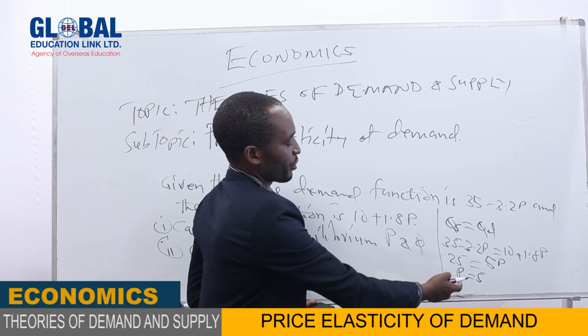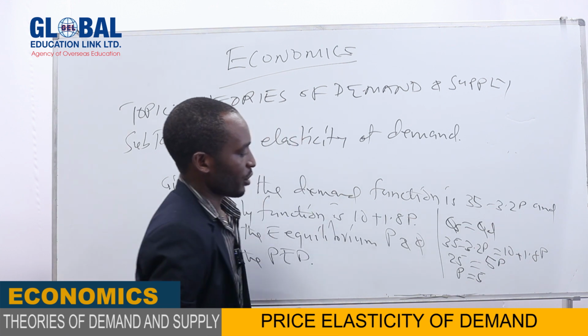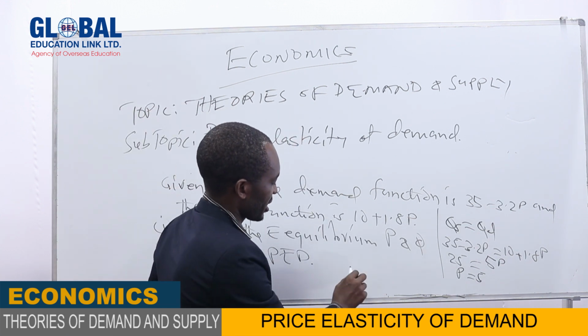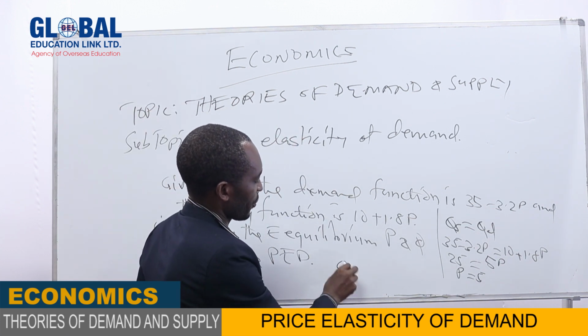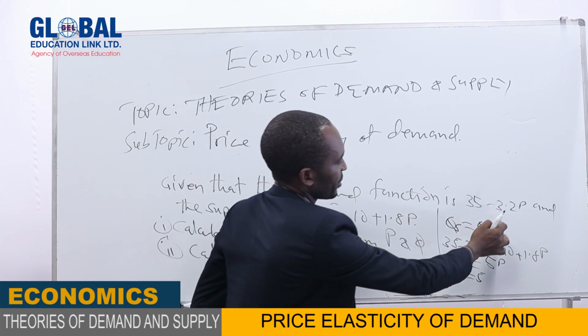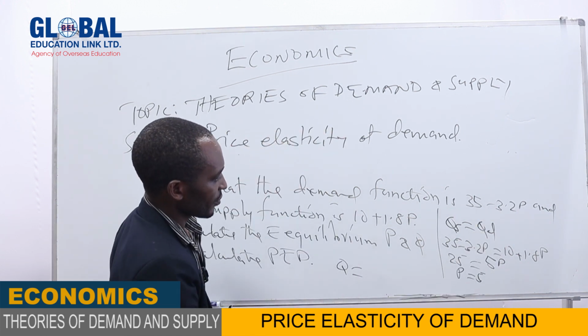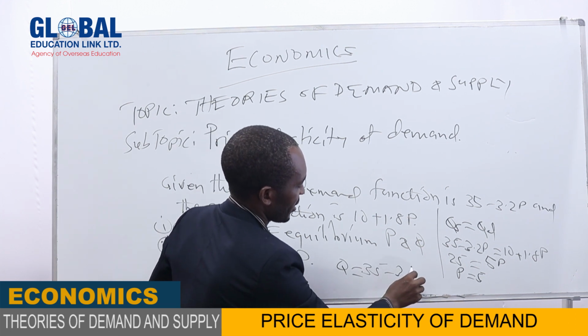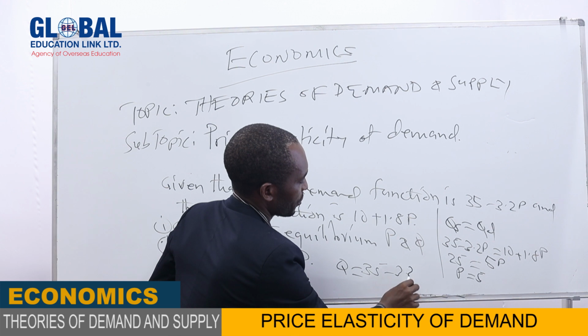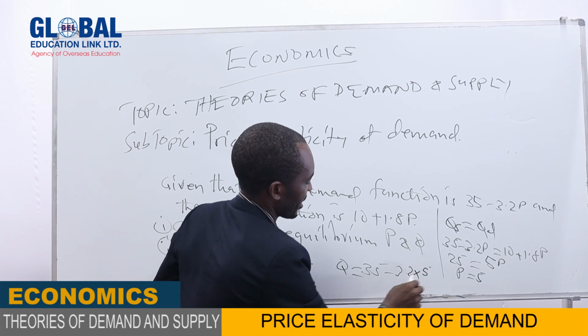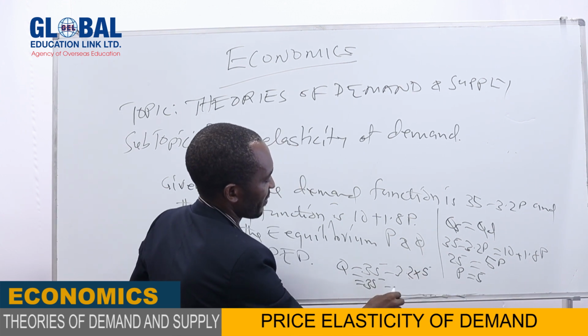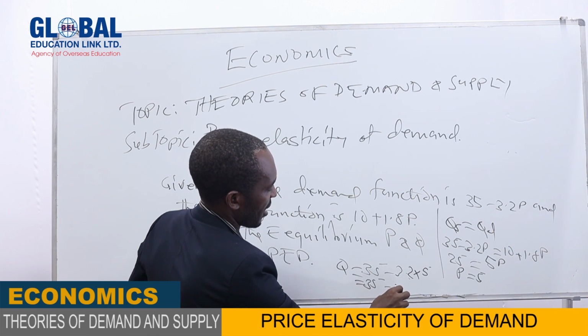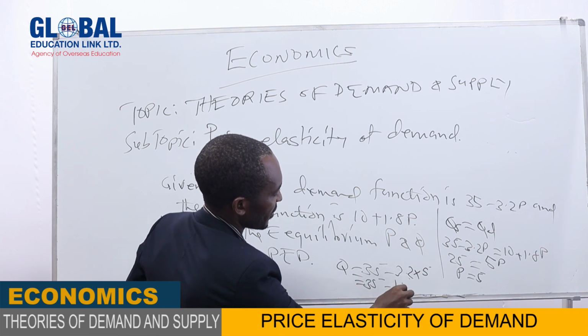Now you can substitute the price in either equation to get the quantity. Let us use the demand equation: Q will be 35 minus 3.2 times 5, which is 35 minus 16.